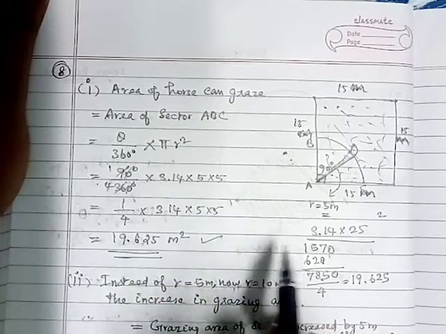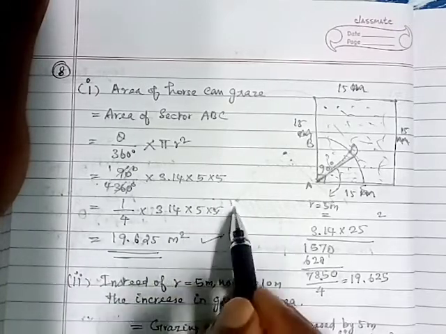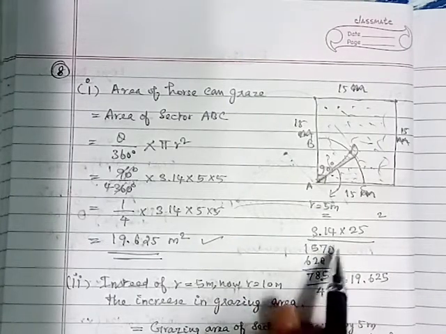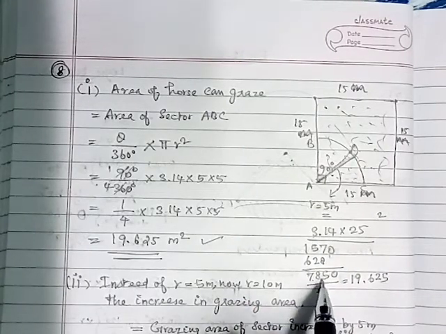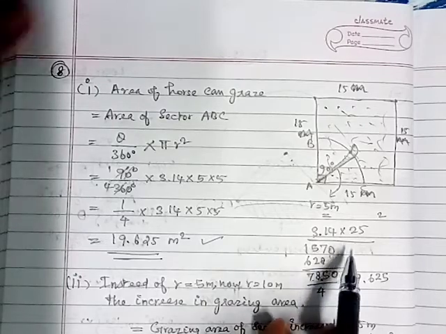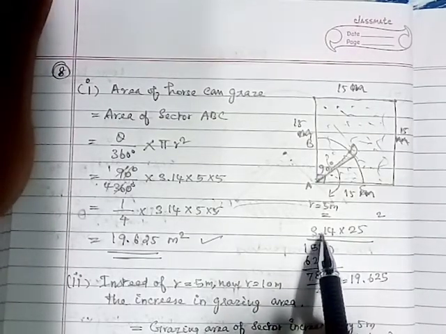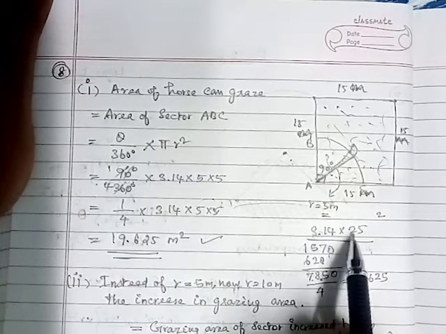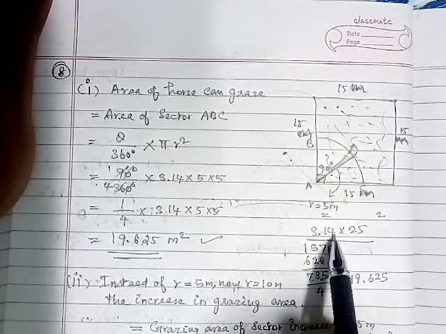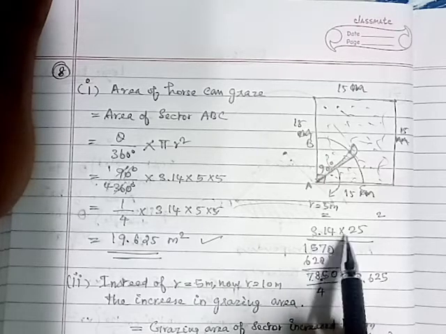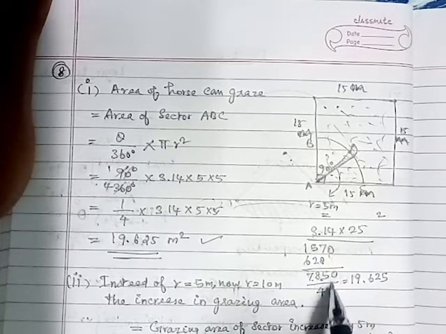So 5 into 5 is 25. So 3.14 into 25 is 78.50. When you multiply decimal numbers, you don't care about the decimal place, you just multiply by 5, you will get 1570. You multiply 314 by 2, you will get 628, and add those things.